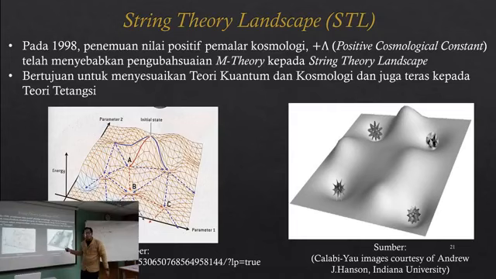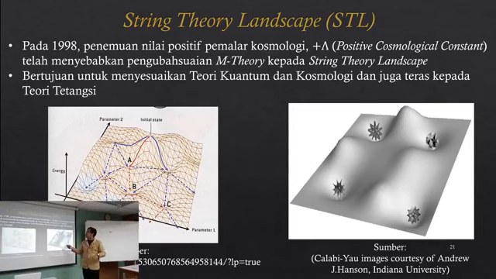Okay, and the big problem is kita menemukan nilai positif pemalar kosmologi, lambda. Ni lambda. Kalau lambda biasa macam ni kan, dia huruf kecil. Ni huruf besar, capital letter. Okay, lambda besar. Alright.